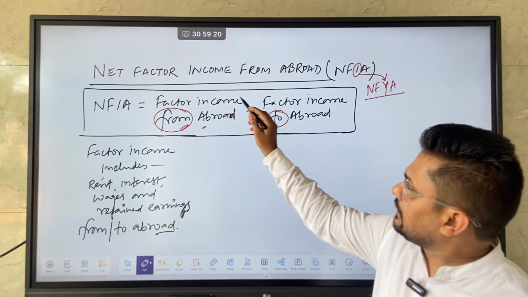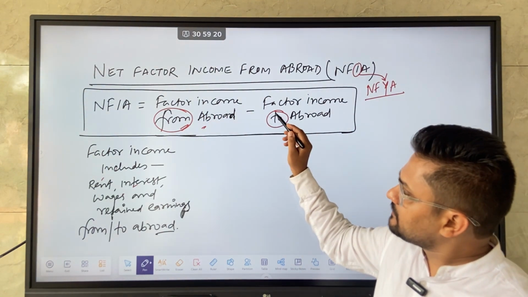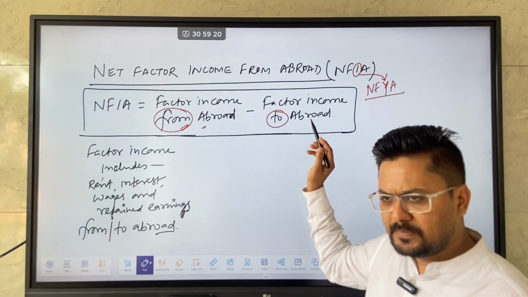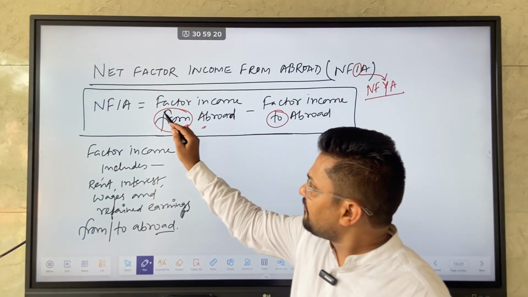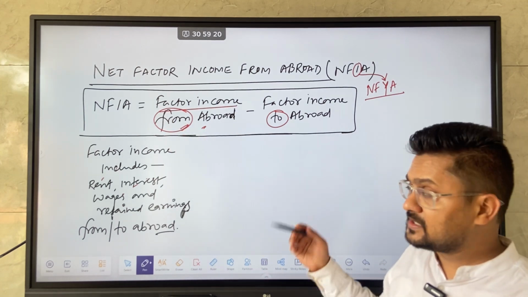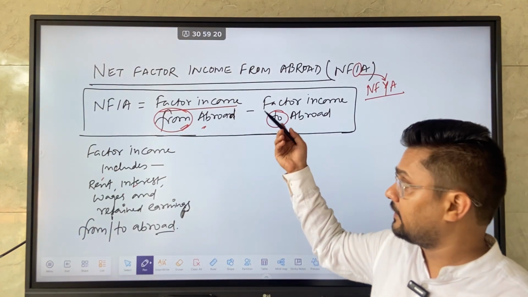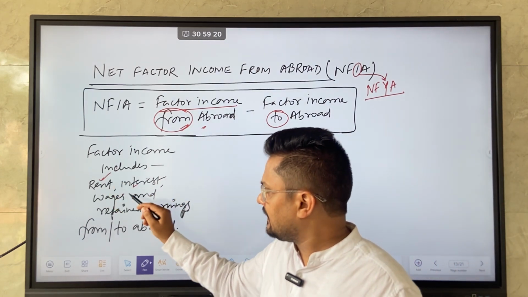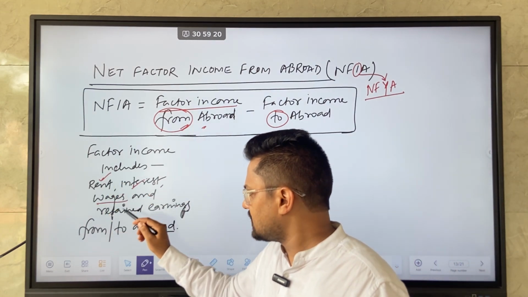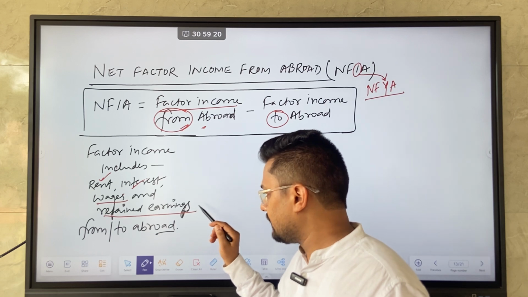Ultimately, what you have to keep in mind is that the result may be positive, negative, or zero. But what do these factor incomes refer to? What are the components of factor income, whether it's from or to? It includes rent, interest, wages, and retained earnings.